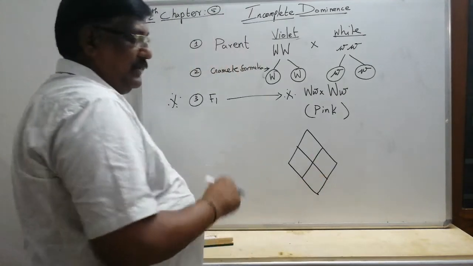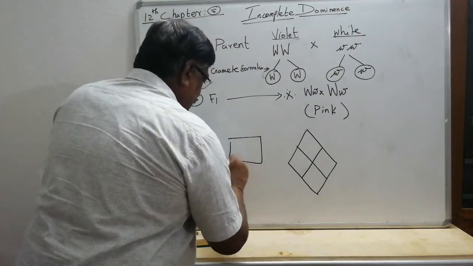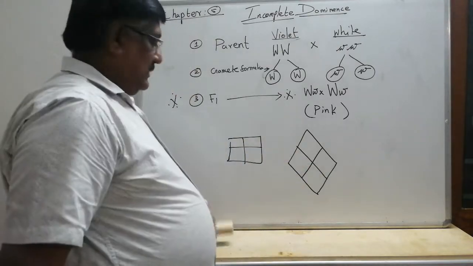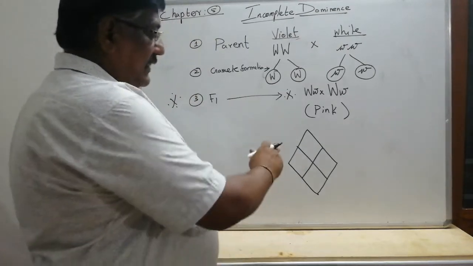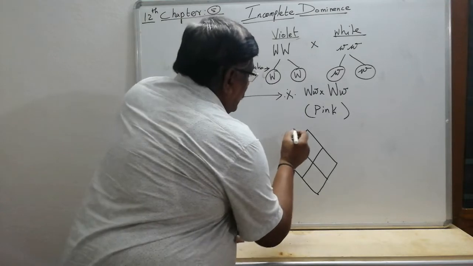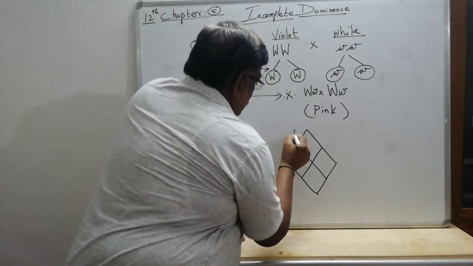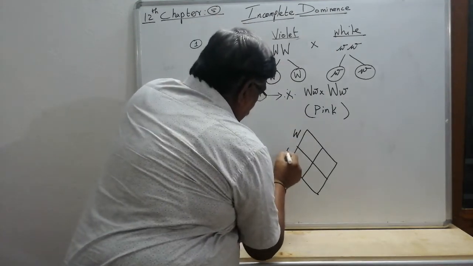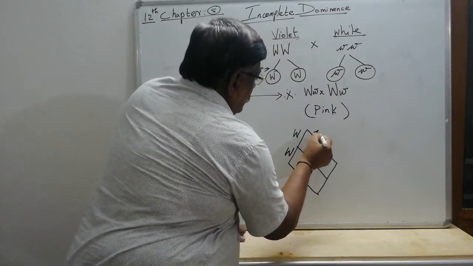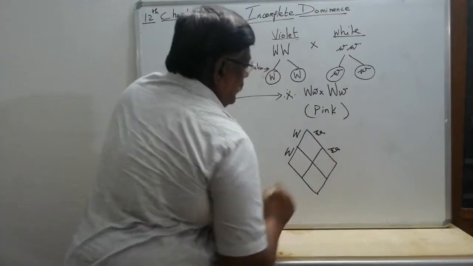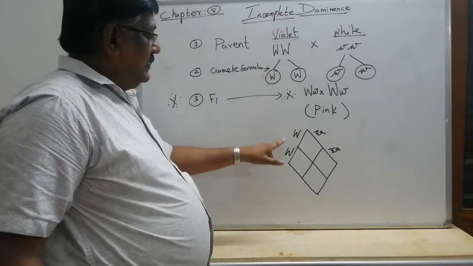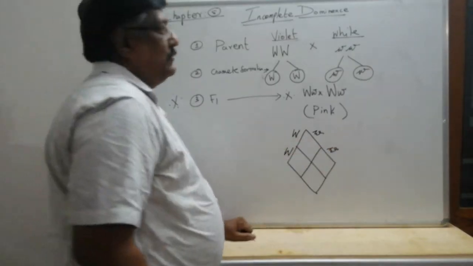Okay. Instead of a square like this, you practice like this, and I will tell you the reason. What is the nature of the parents? This is capital W, capital W, small w, small w. That is violet, violet and white, white.